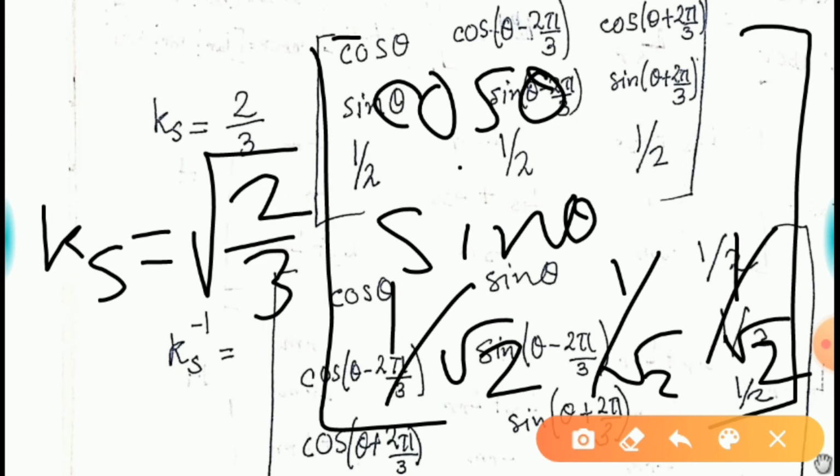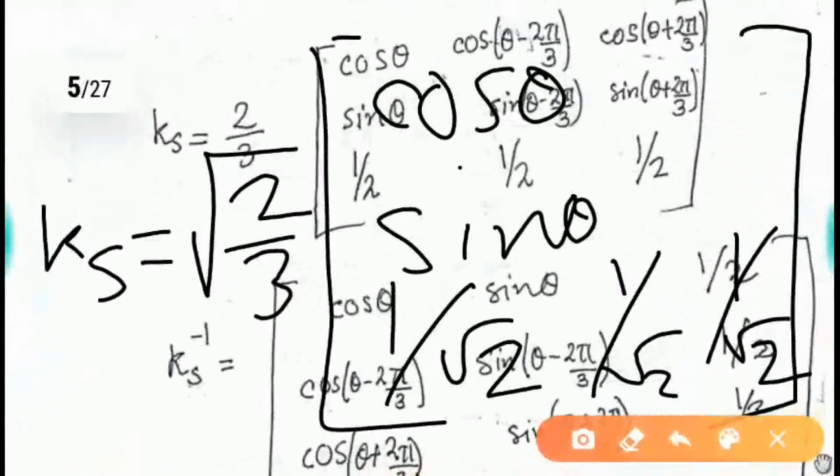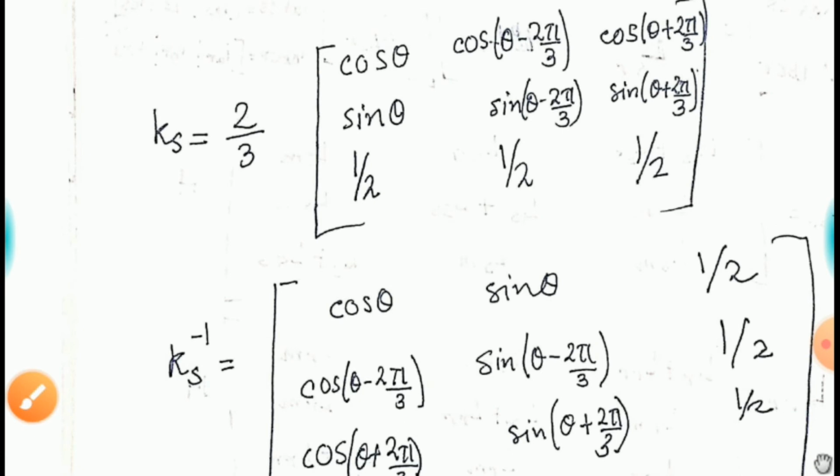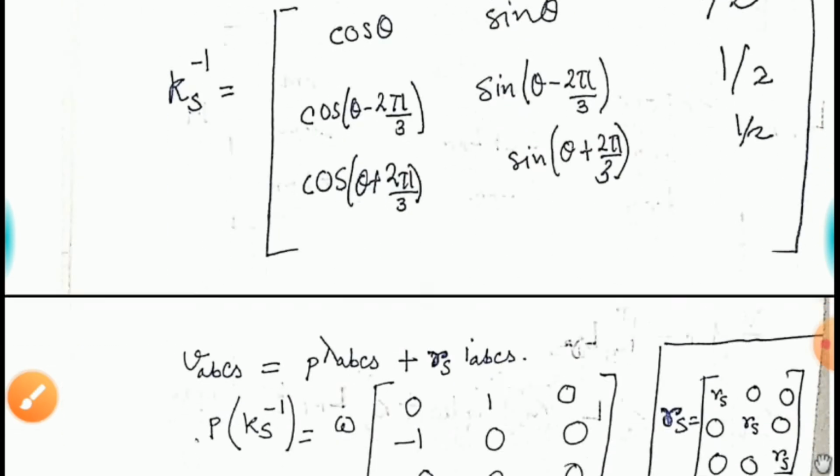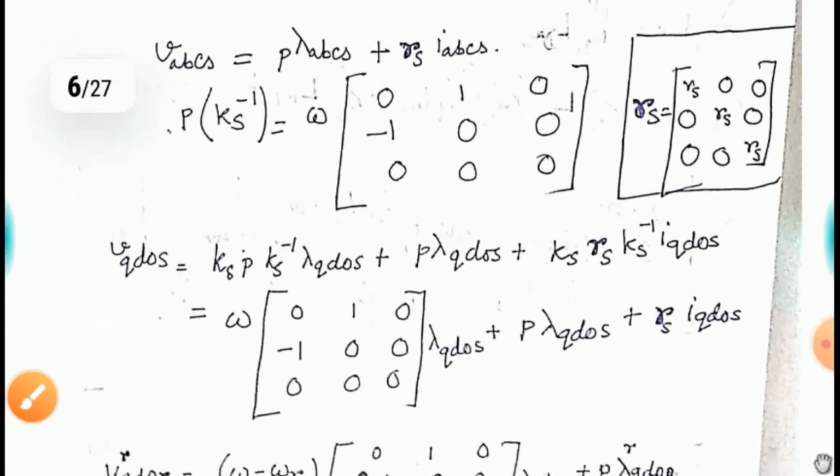The first two rows stay unchanged, and the last row we change to 1 by root 2, 1 by root 2, 1 by root 2. In that case, we may observe that the new K will become an orthogonal matrix. But here, this K is not an orthogonal matrix. Anyway, we are happy with our old, initial K, although it is not orthogonal in nature.